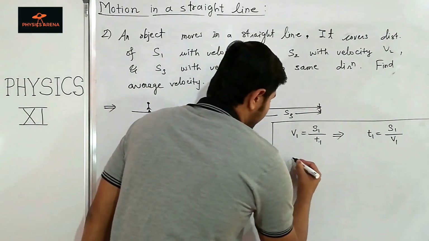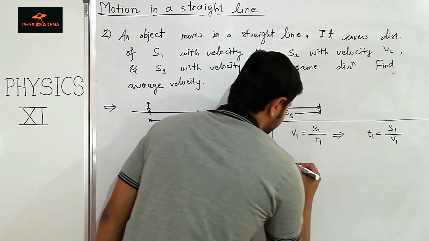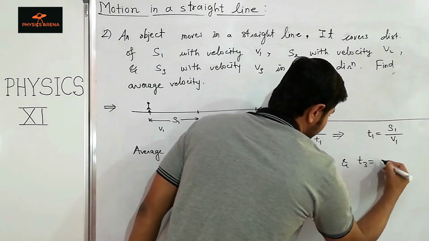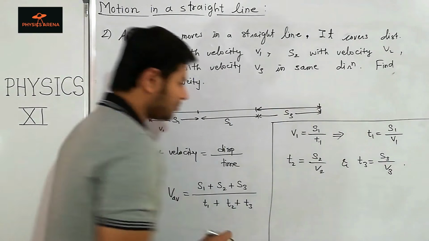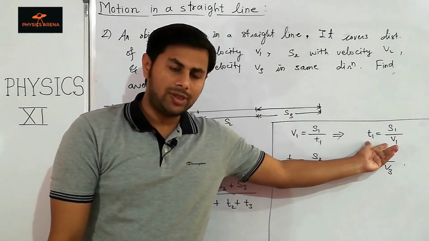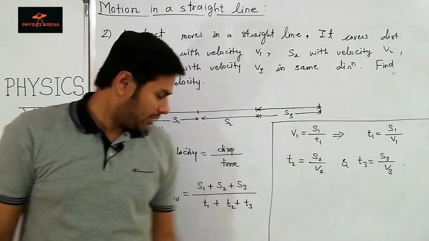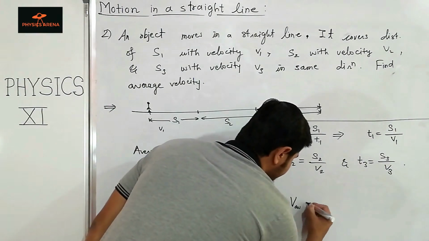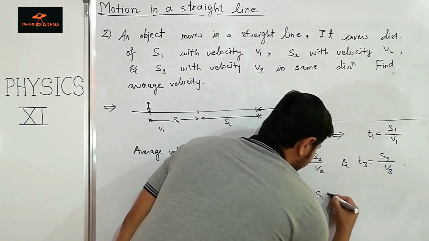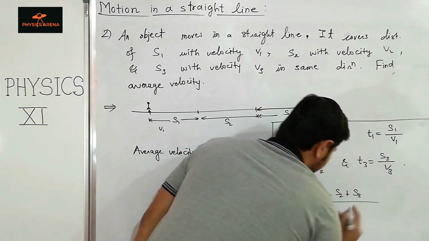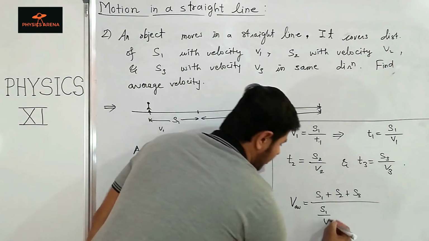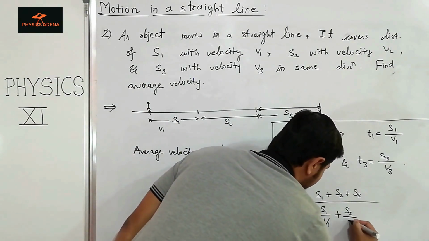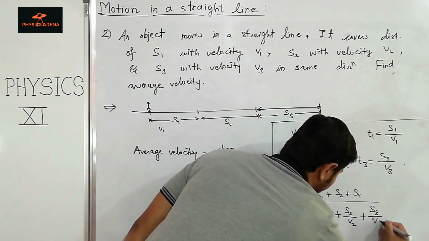And similarly, I can write the t2 equals to s2 divided by v2, and t3 equals to s3 divided by v3. Then we'll use these values of t1, t2 and t3, substitute them here. So what do we get is the average velocity is s1 plus s2 plus s3 divided by s1 upon v1 for this t1, then plus s2 upon v2 plus s3 divided by v3.